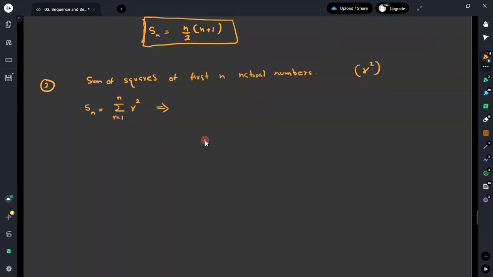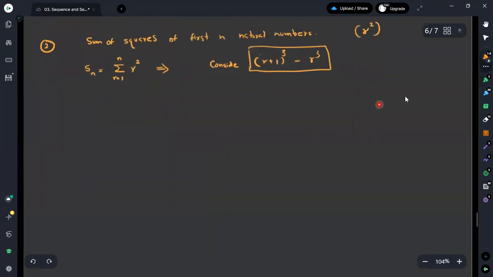To obtain this Sn, first we will consider the difference of the cubes. Here we are going to consider the difference of r plus 1 to the power 3 and r to the power 3. Using this quantity, we are going to obtain an answer for the summation of r squared.